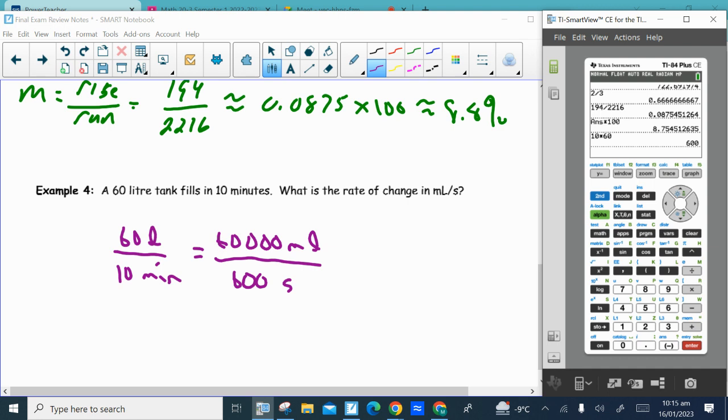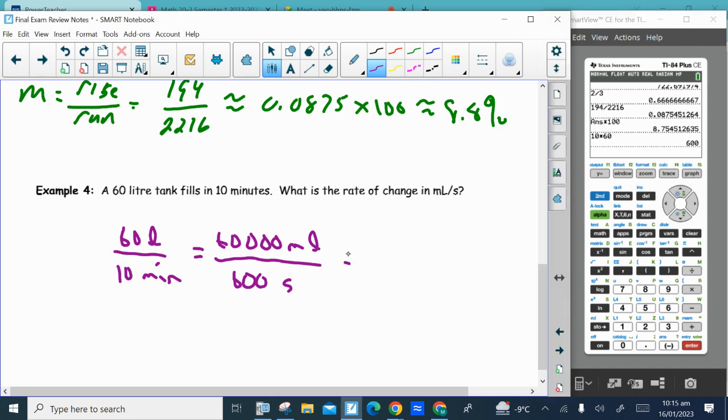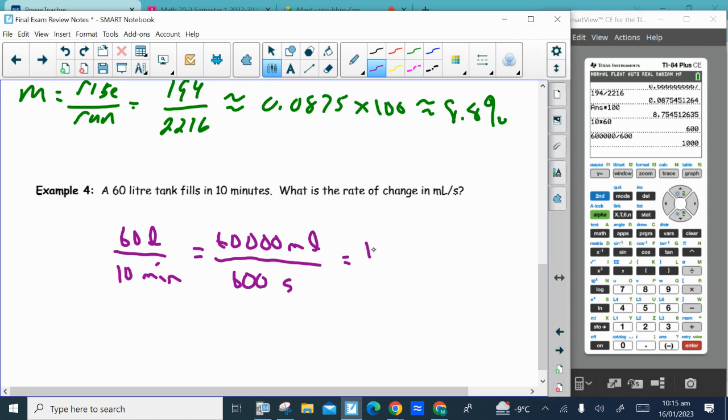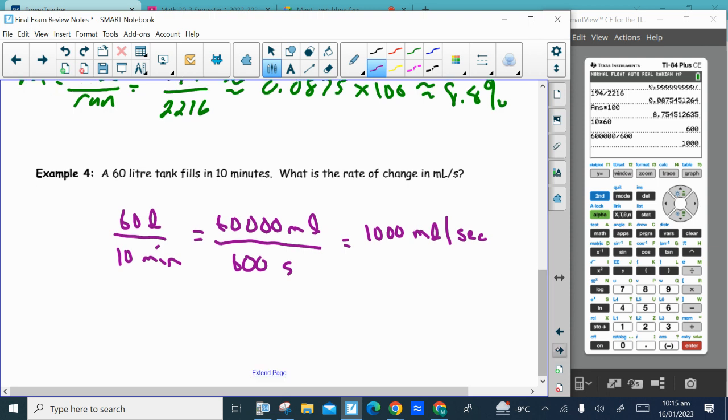So it's 60,000 milliliters per 600 seconds, and if we divide those, we'll get our answer. 60,000 divided by 600 is 1,000 milliliters per second. And so there's the answer for the rate of change in milliliters per second.